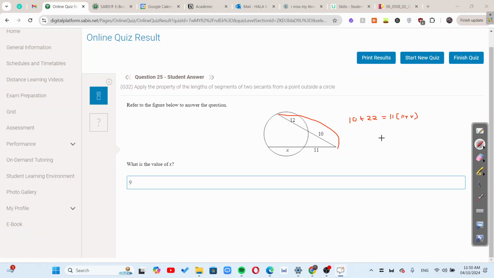I'd prefer, if you don't really get this, that you do it this way. I'm going to show you another way you could solve this question, but I find that some people get confused in it and get wrong answers. So 10 times 22 is 220 equals 11 into 11 plus x.